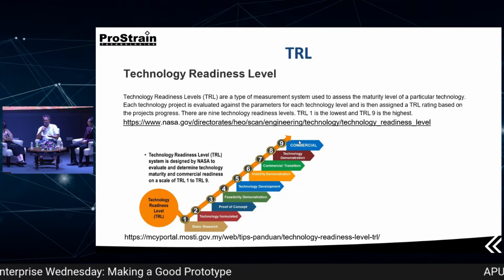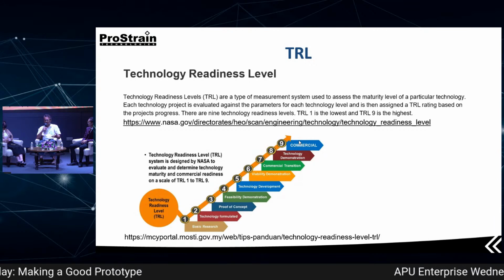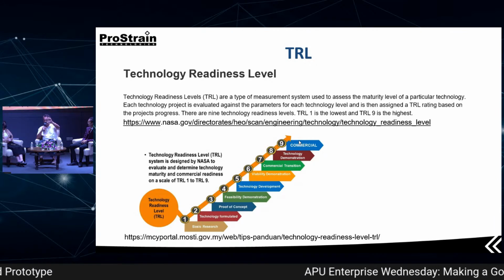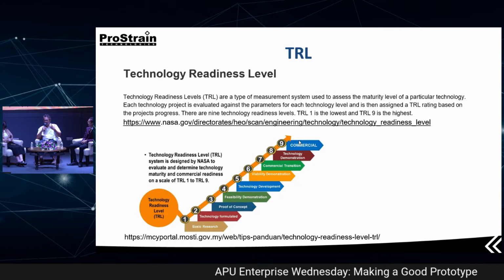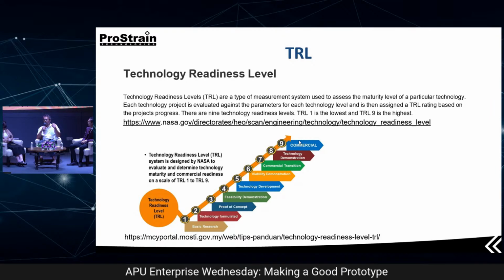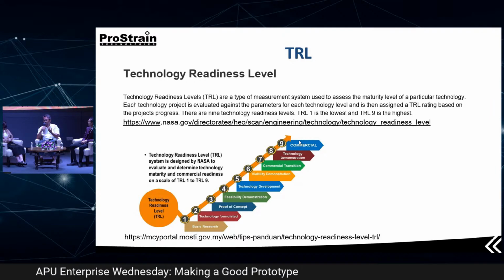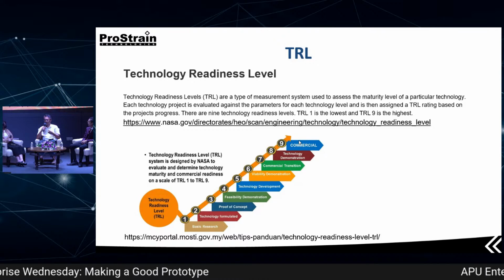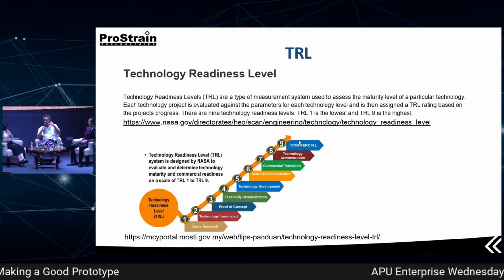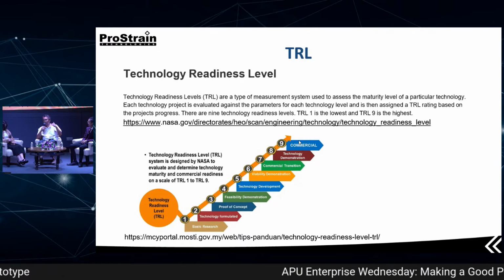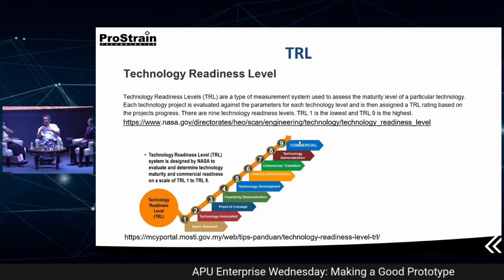Like a student, you make a circuit for a prototype robot, and it works, and the robot works. Then you would say, oh, I already achieved TRL 4. Now 4, 5, 6, 7 is just a matter of how you test the product.